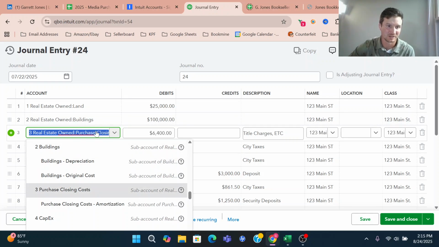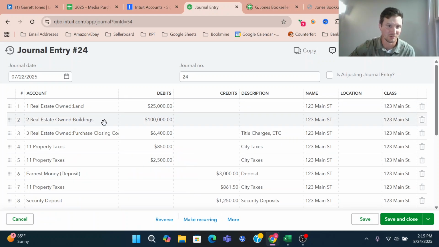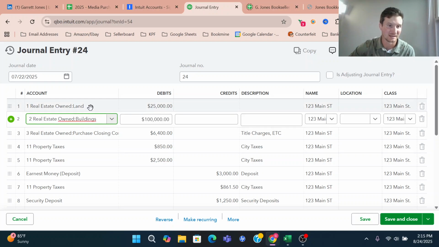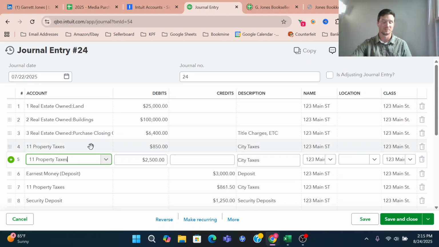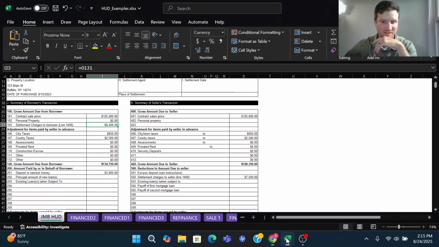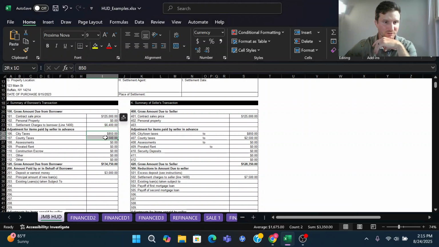So the closing costs are getting rolled into the building and the land, into that cost as an asset. But these two are actually going to be expensed the same year that you purchased the property. So we're going to put these on the profit and loss statement, and we're getting these from right here, just these two.